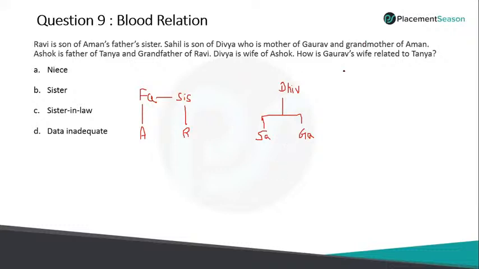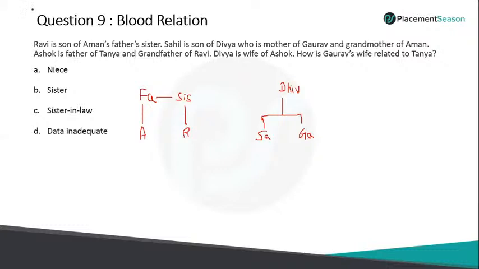So Divya is the grandmother of Aman. Aman has a father, but the name is not given. So Sahil or Gaurav, anyone could be the father of Aman. But we cannot fix a particular person.